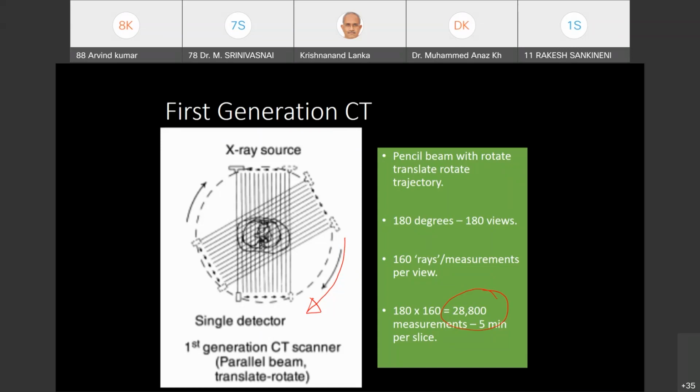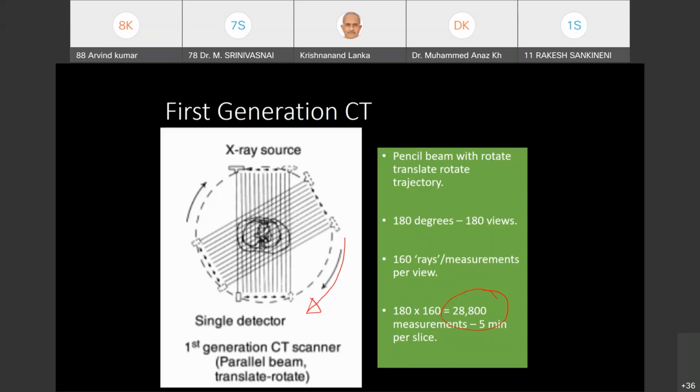He did not use X-ray. Instead, he used gamma rays from a radioactive source, and on the other side he used a crude detector, so that he could measure the attenuation of each ray.